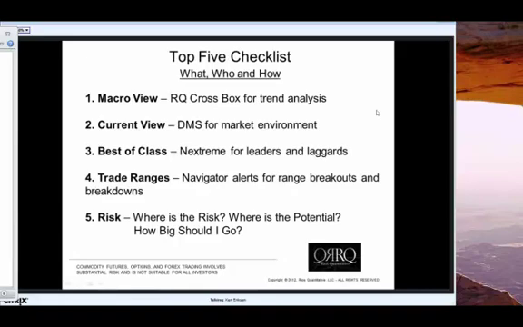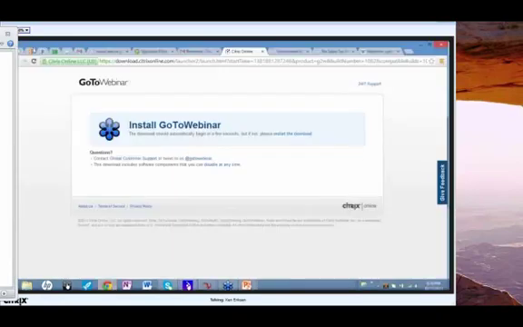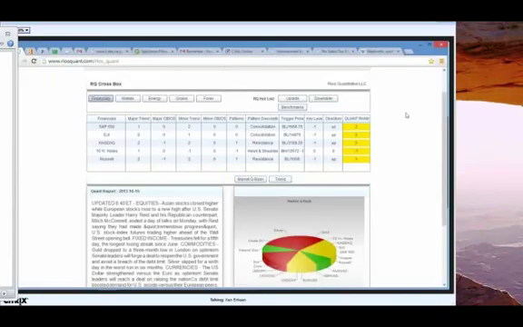And we start out with the macro view. I think everybody is pretty much aware of what the macro view looks like. Oops, there. The Crossbox gives us the macro view.